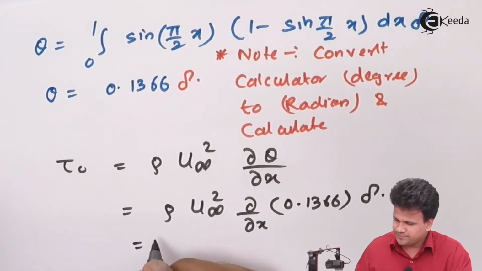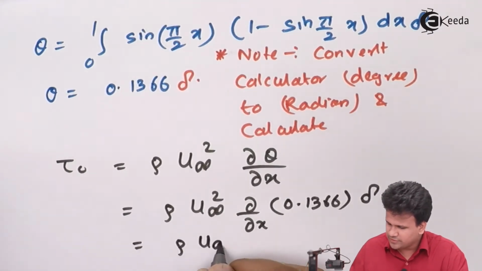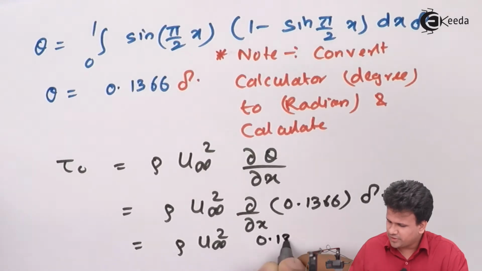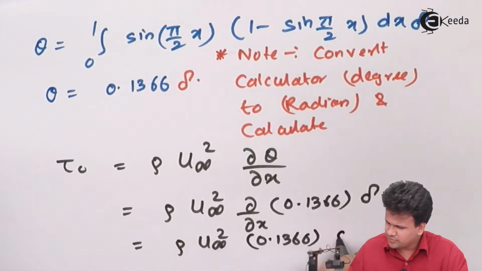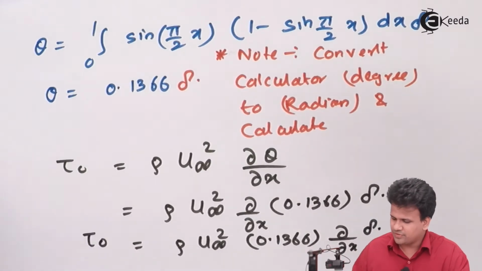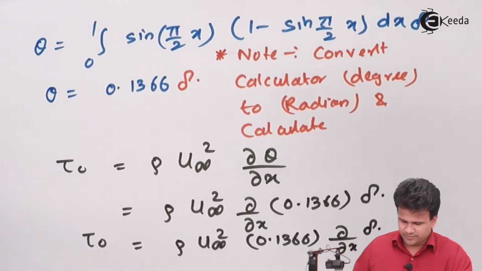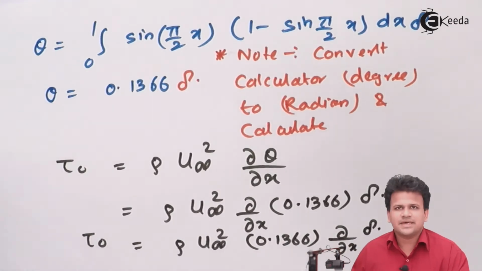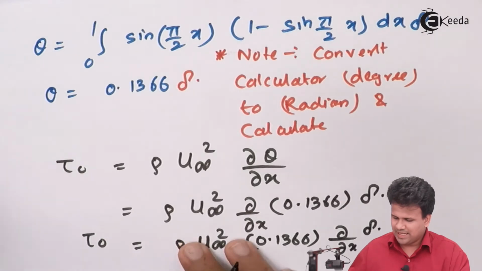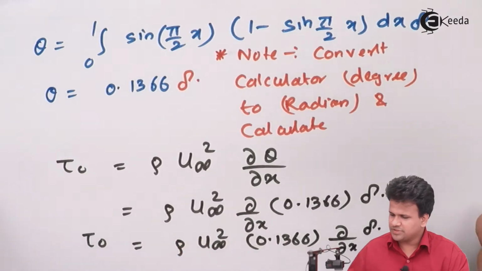So this is rho into u infinity square into 0.1366 into dou by dou x of delta, that is the value of tau 0. So this is the right hand side of the equation. The left hand side of the equation, that is tau 0, we can calculate by Newton's law of viscosity.